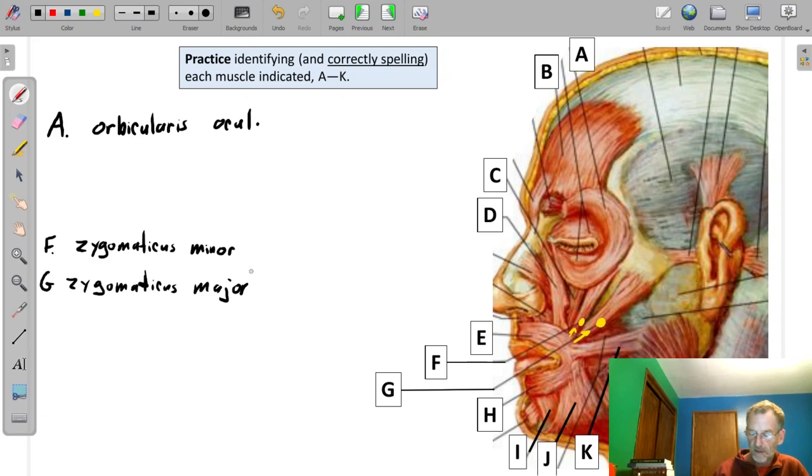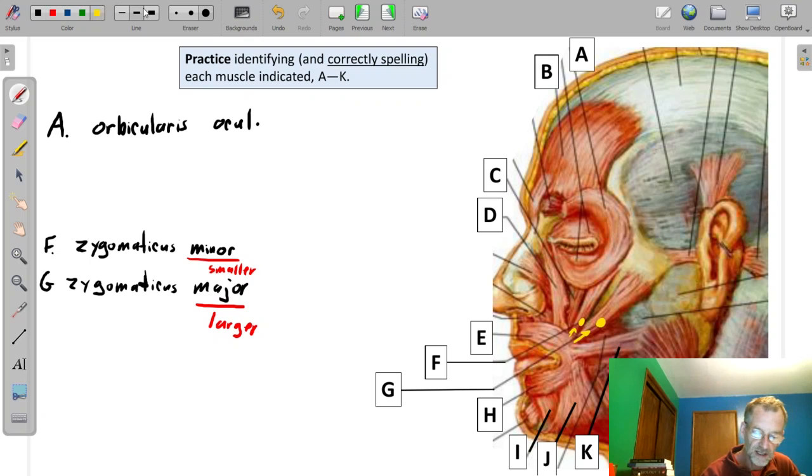Okay, how do I remember the major and the minor? Well, the major is larger, right? The minor is smaller. The larger is heavier and fell to the bottom. And the Zygomaticus Minor is smaller and floated to the top.